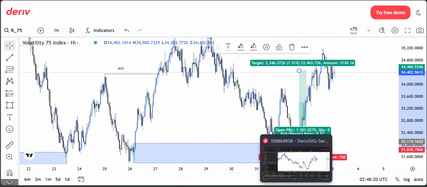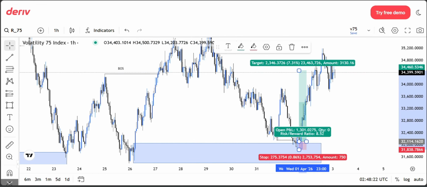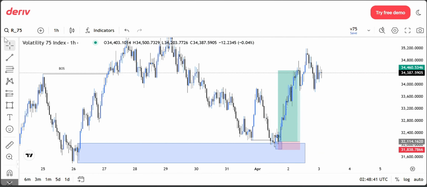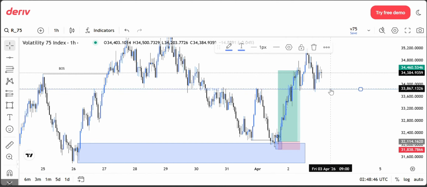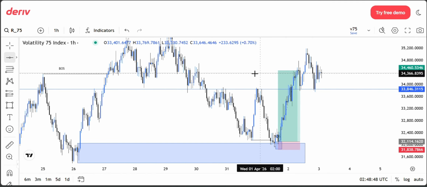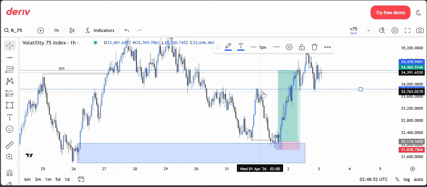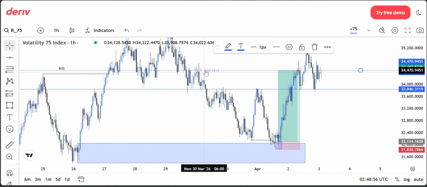So this would have been probably take profit 1, and then here take profit 2. Okay, this first swing high and this second swing high.